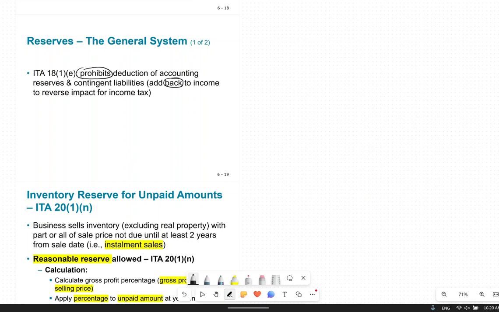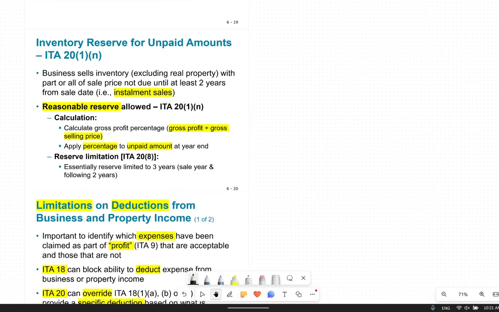What happened to contingent liability is a liability we report as an expense and a liability. That contingent liability, the impact of the liability, we don't know till the future. If that happens, we needed to add back to the income the contingent liability, any accounting reserves that we have, we needed to add back.